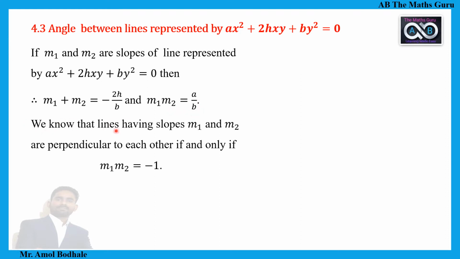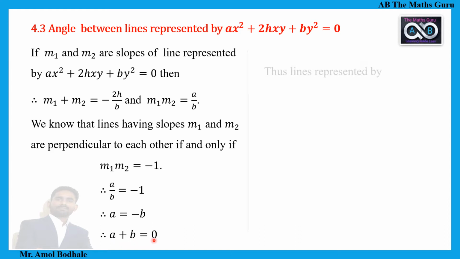We know that lines having slopes m1 and m2 are perpendicular to each other if and only if m1 into m2 equal to minus 1. As m1 into m2 is a by b, therefore a by b equal to minus 1. So a equal to minus b, therefore a plus b equal to 0.